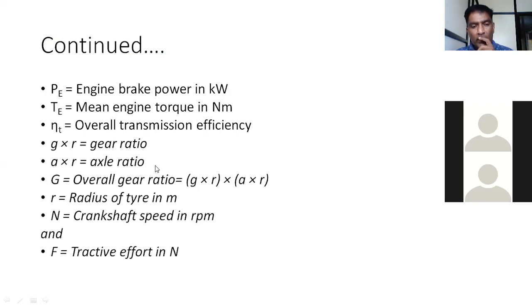AR, axle ratio. G is equal to overall gear ratio, this capital G, and R is equal to radius of tire in meter. All these terms or the values for these are given in the statement for the problem. And what is this N? Crankshaft speed in RPM, and F, tractive effort in Newton.